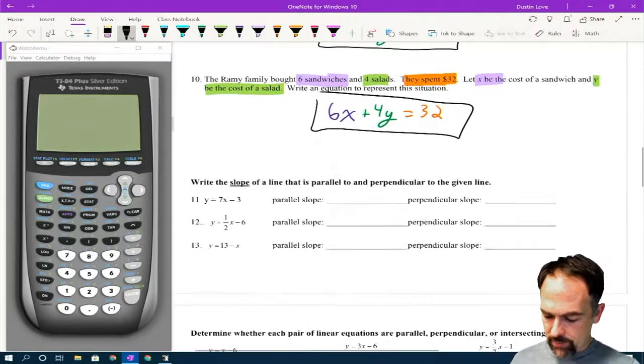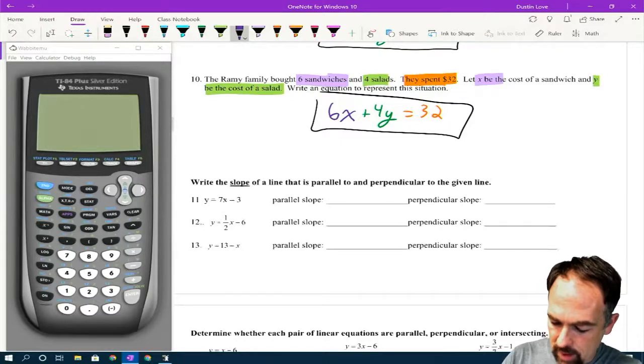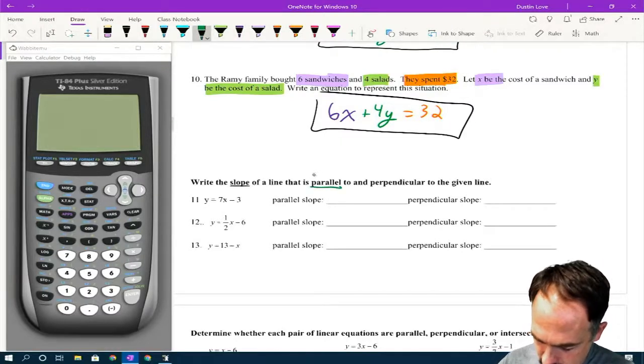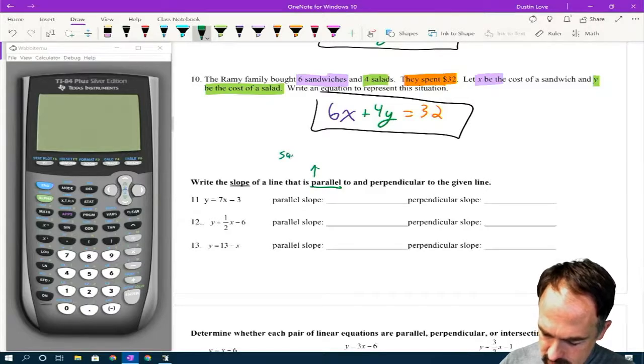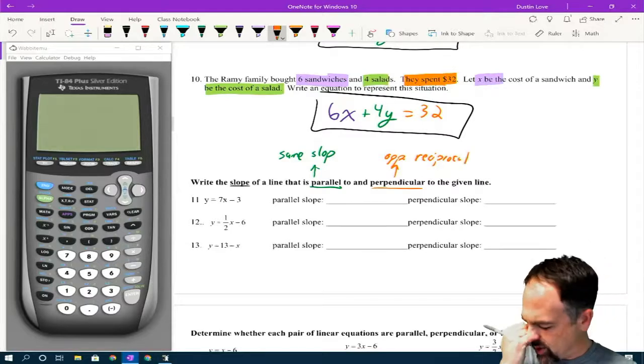Okay, write a slope of the line that is parallel and perpendicular to the given line. Now remember, parallel slopes have the same slope. Perpendicular has opposite reciprocal slope.